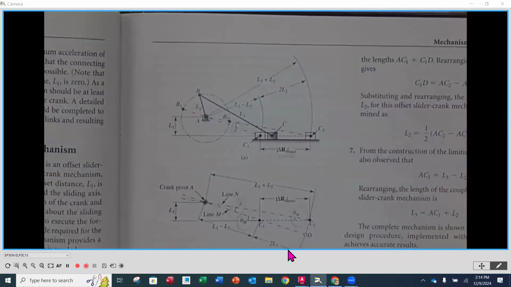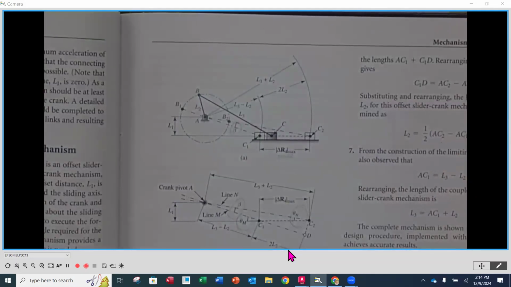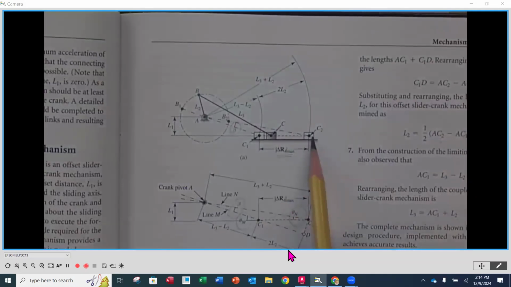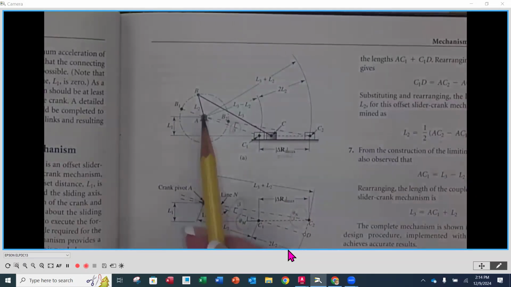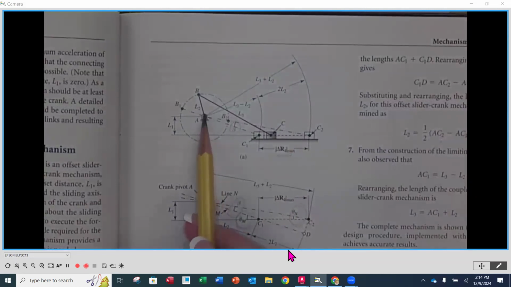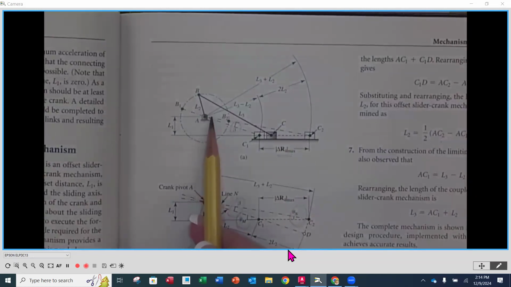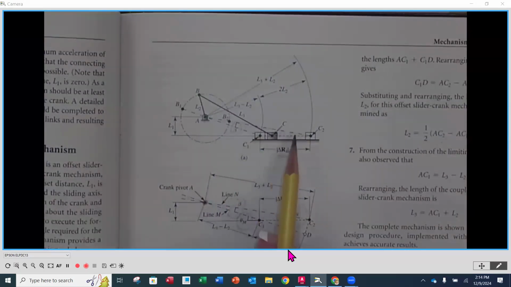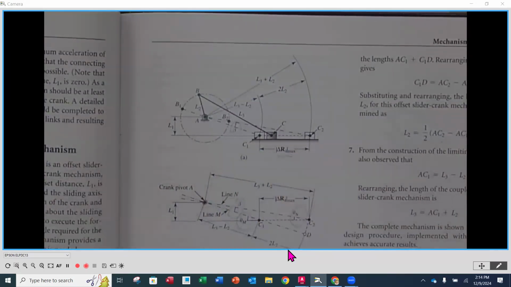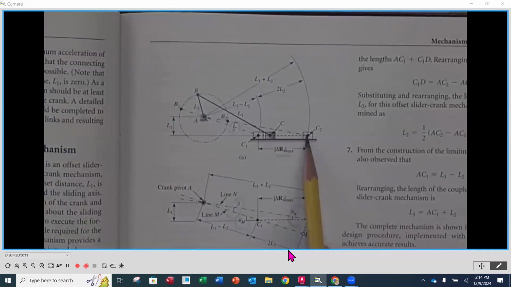Now, in the same illustration, we are seeing the same extreme positions, meaning we're seeing the center of that slider as point C, but they're calling this C2 in its furthest out position. And this is when, from the center of rotation, we have the crank and the connecting rod in line with one another so that C2 is in its furthest out position, okay?